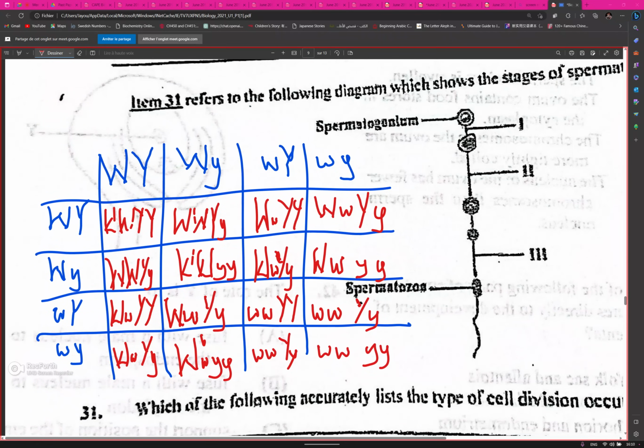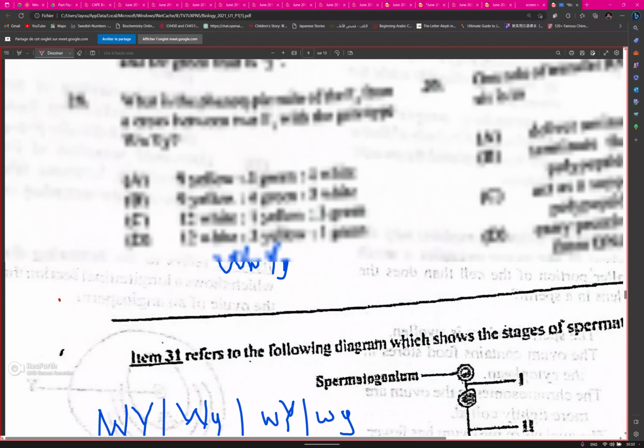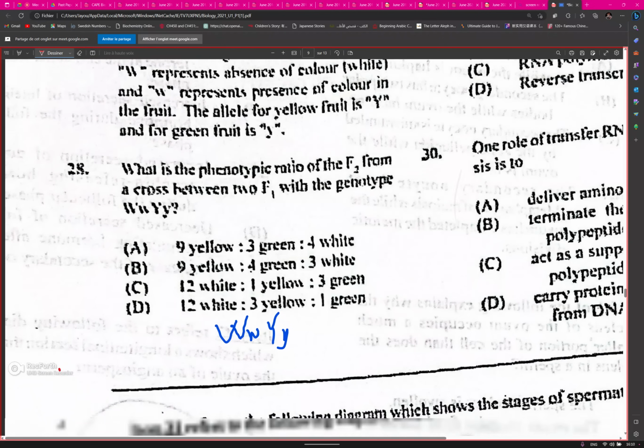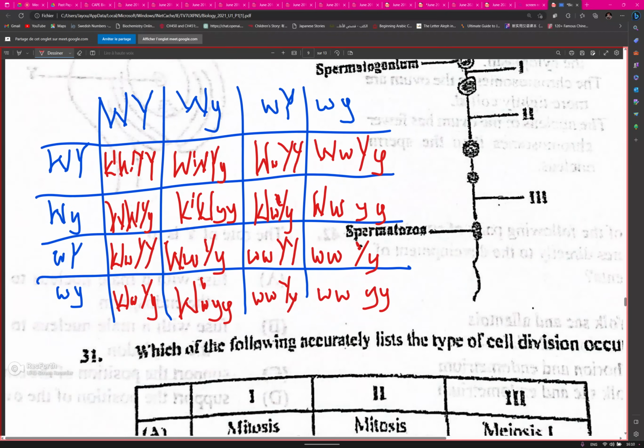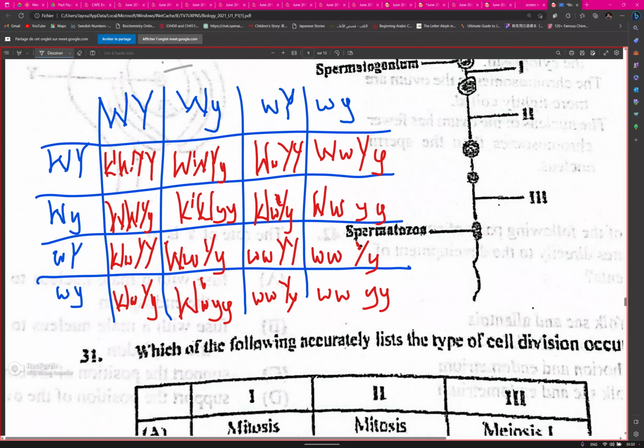Alright, so here now. What we're saying is that the capital W, what does it do again in the question? No color. It eliminates color, so it'll be white. Absence of color, right? So let me use gray on the paper. It's absence of color.